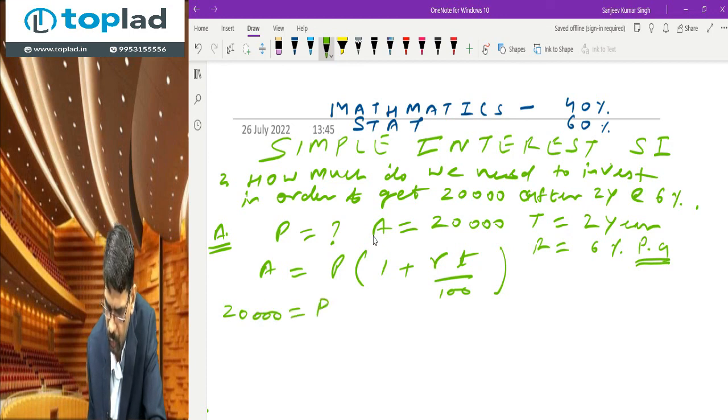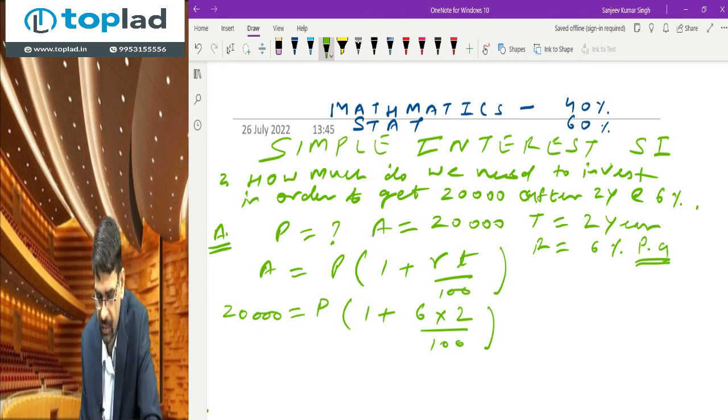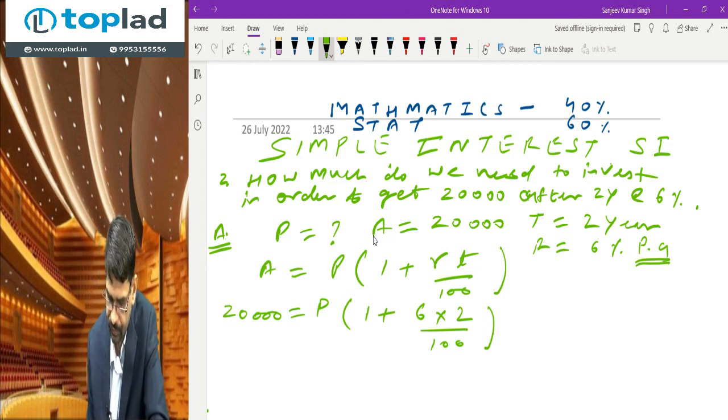You have to find out P. 1 plus rate and time. Rate is 6%, time is 2, divided by 100. Okay? Anyone can solve this equation? Anyone?